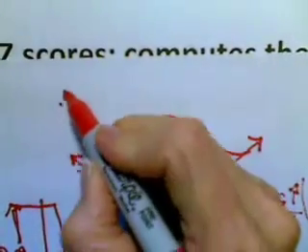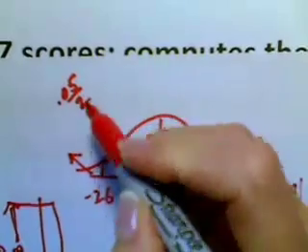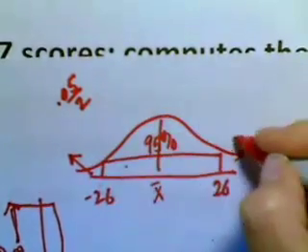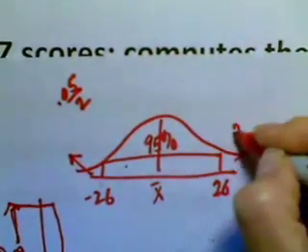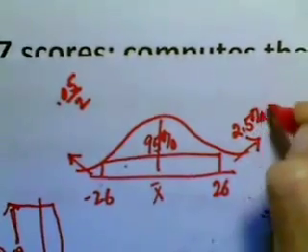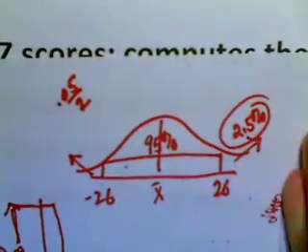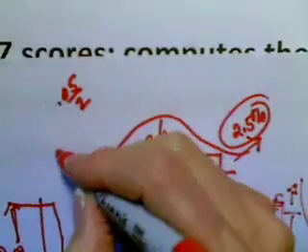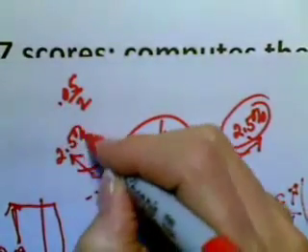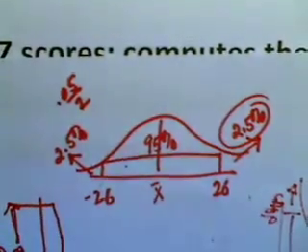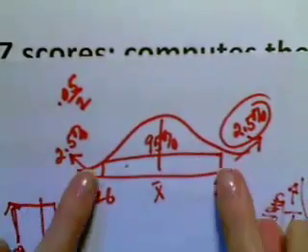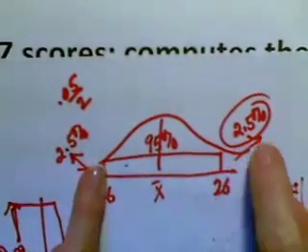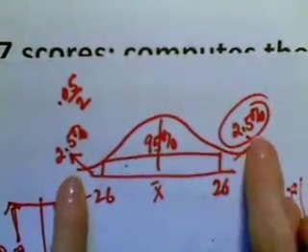So this would be 2.5% of the population might be above, and 2.5% of the population might be below. So the 5% has to be split between the two tails.